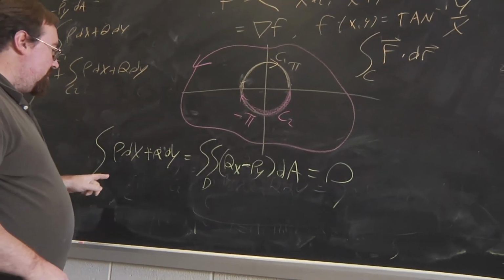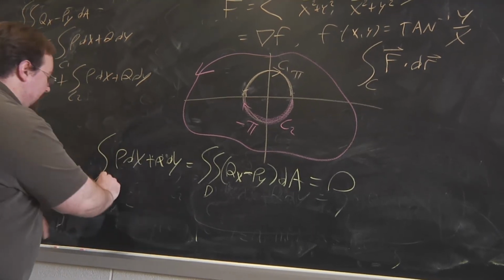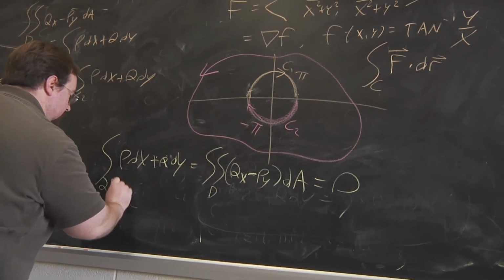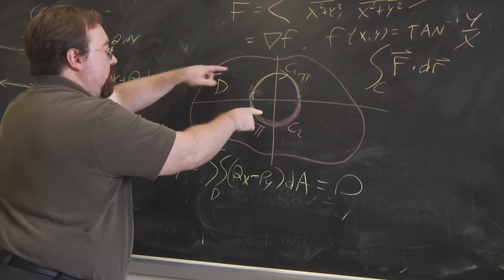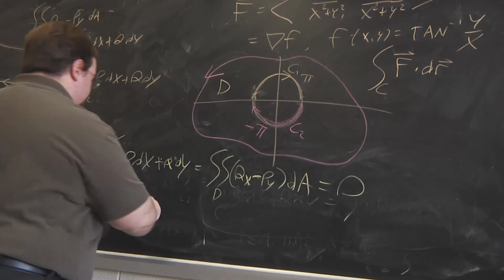So what that means is the boundary of this region D includes both curves.